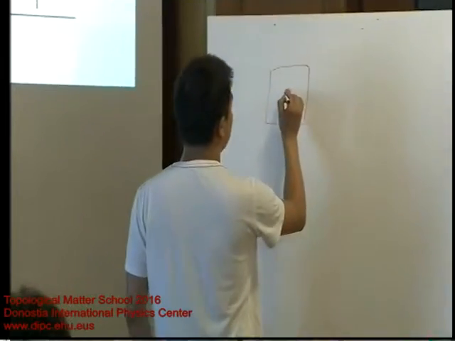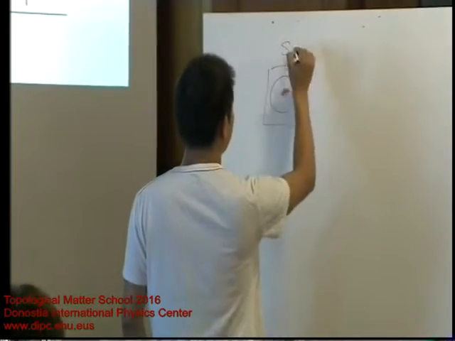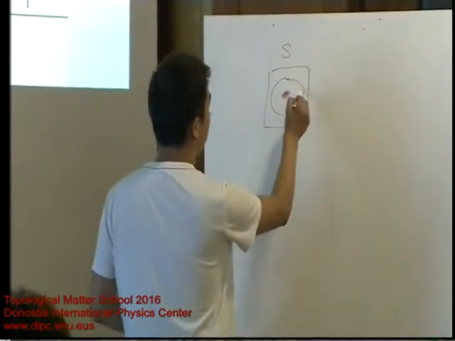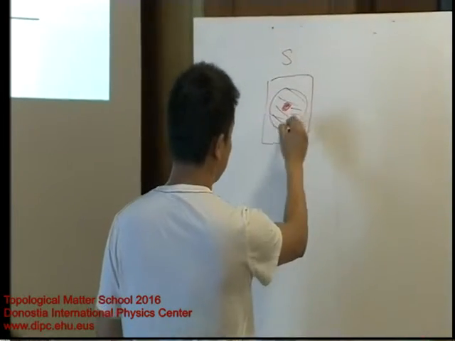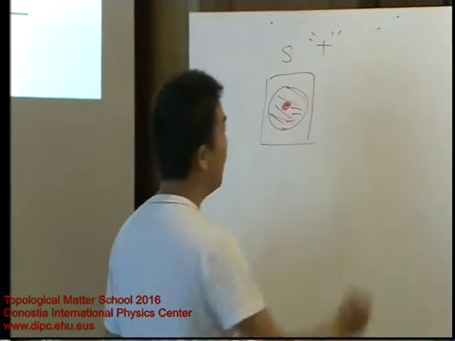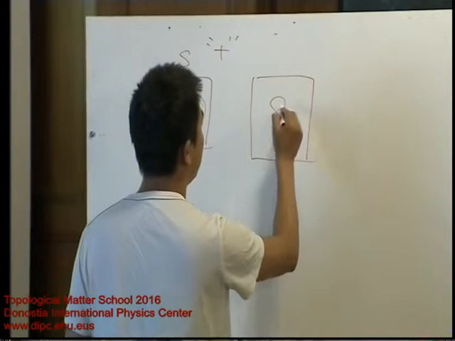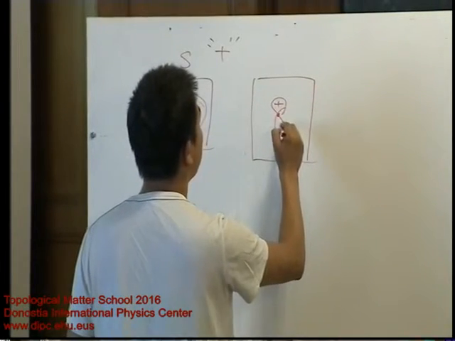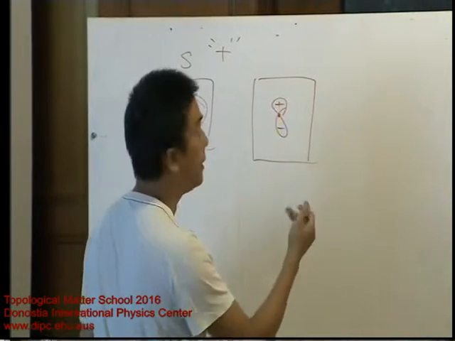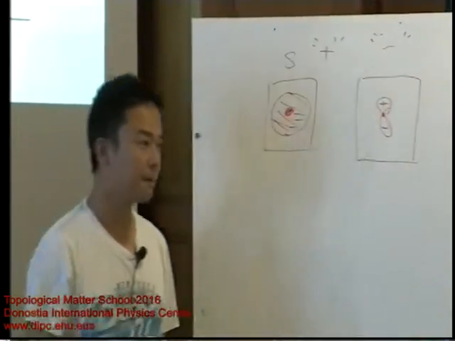If the wave function is related to the s orbital, then we know here is the inversion center, and the parity is positive. And if, in this unit cell box, the Bloch wave function is from some p orbital, whether x, y, or z, you will have a minus parity. This is the parity.